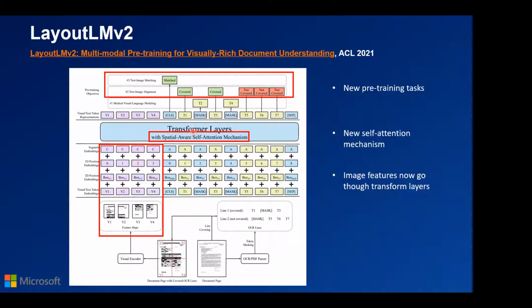That's additional training task one. Then we have another additional loss function, which is the text image matching. We take a random image and a random text input, and train the model to decide whether these two are from the same document or not. These are the two additional pre-training tasks for LayoutLM v2.